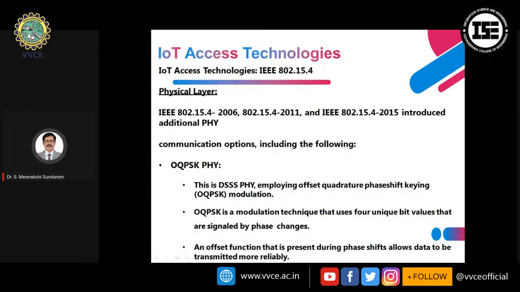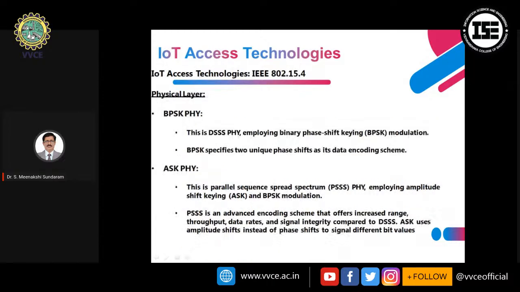The DSSS PHY employs the offset quadrature phase shift keying, that is OQPSK modulation. This OQPSK is a modulation technique that uses 4 unique bit values that are signaled by phase changes. An offset function that is present during phase shifts allows the data to be transmitted more reliably.